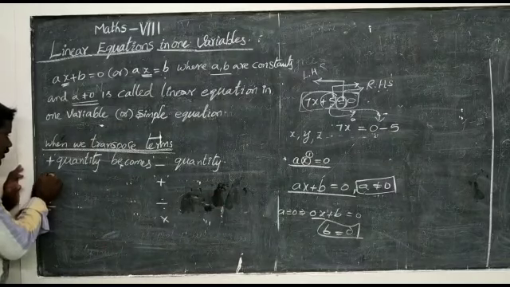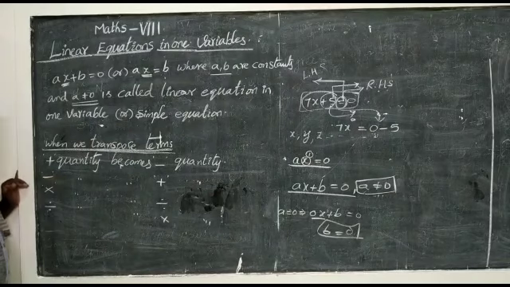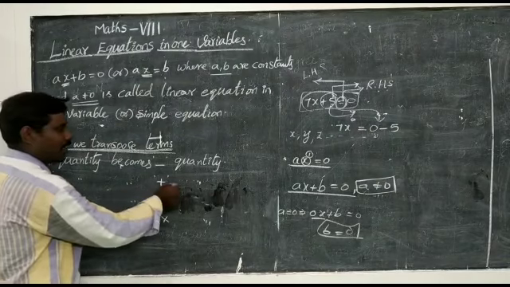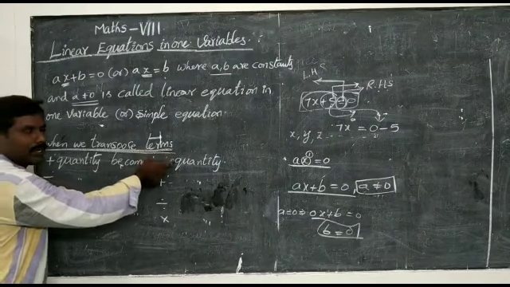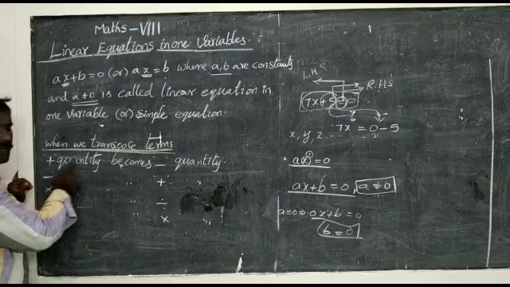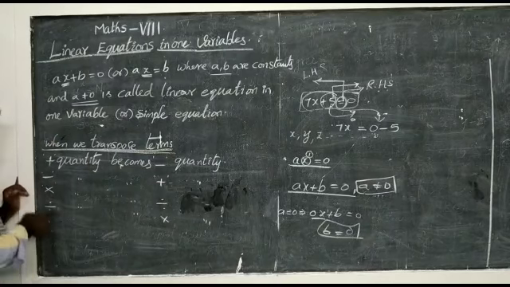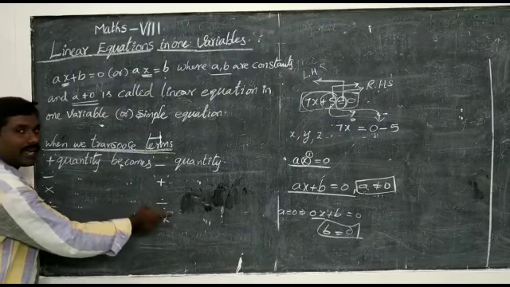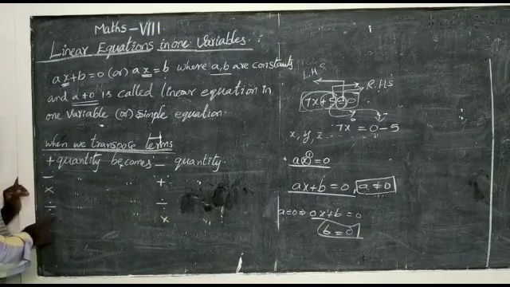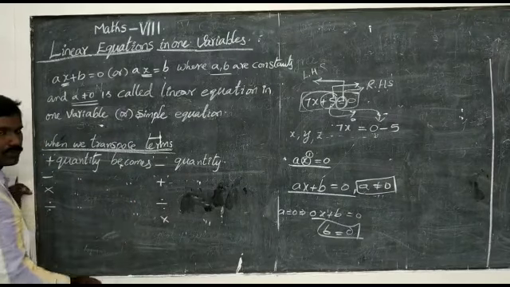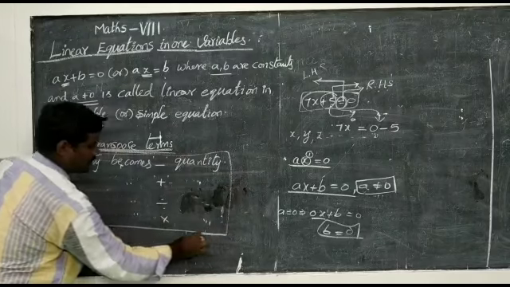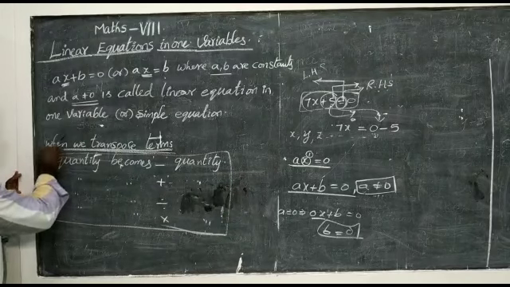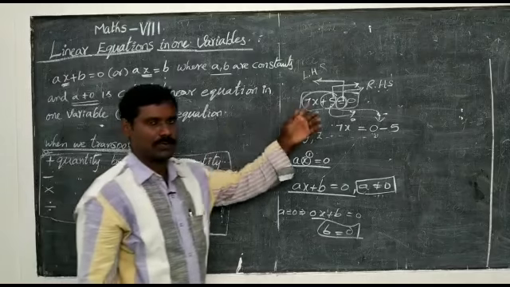And again, if you transpose a minus quantity, it becomes a plus quantity. Plus becomes minus, minus becomes plus, multiplication becomes division, and division becomes multiplication. You have to remember these 4 concepts. Based on these, we transpose terms.